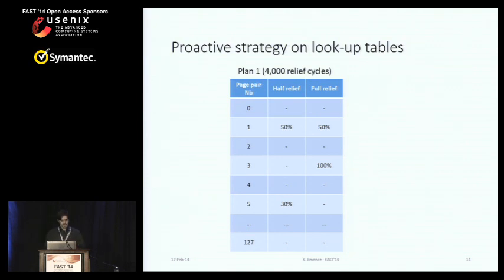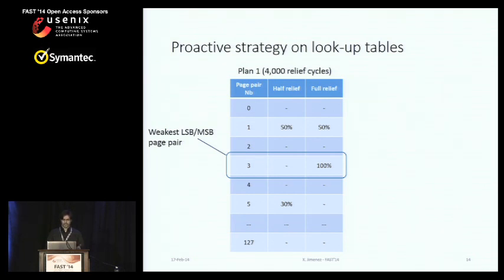So we build these lookup tables based on the analysis that we did in advance. Here, page 3 is the weakest page, which is fully relieved. We can see 100% under the column full relief. And for other pages, we have some intermediate relief, which will provide a good balance between half relief and full relief to get the best efficiency possible.